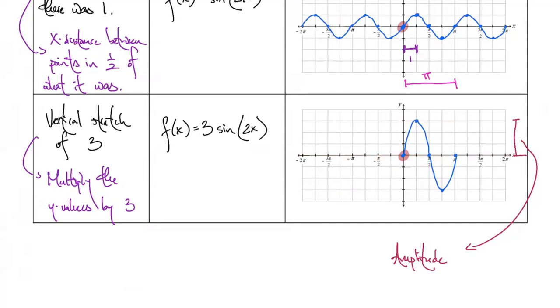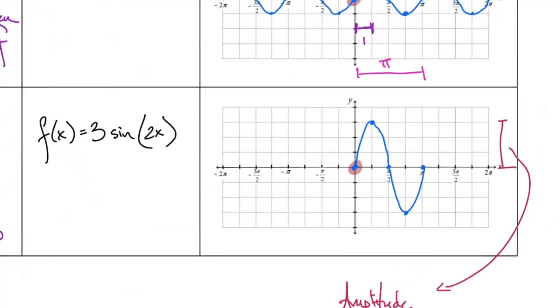All right, let's sketch the rest of this. Once you have one wave, you literally just keep doing that same pattern, because sine, and we'll find out cosine, is very reliable. Reliable in the sense that the same pattern will repeat itself over and over.